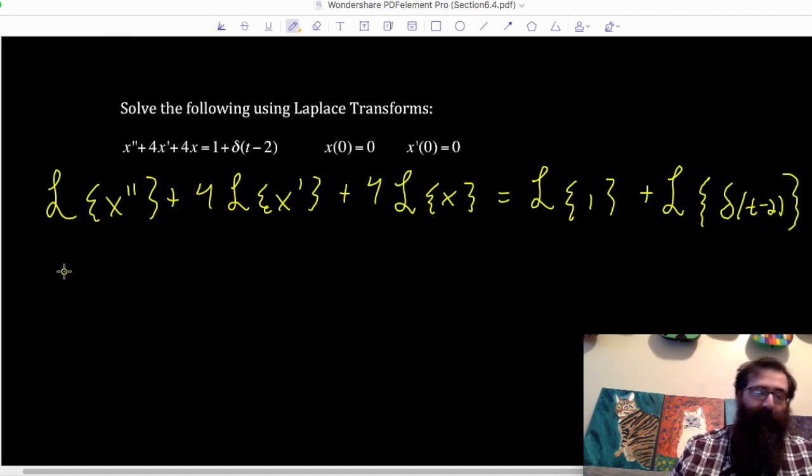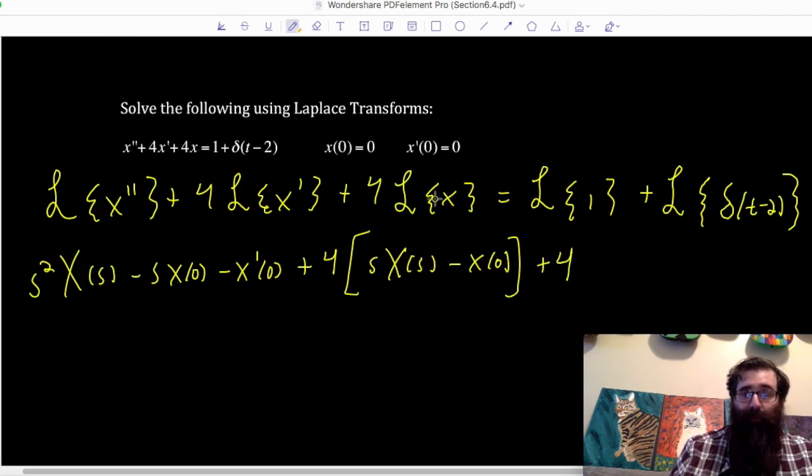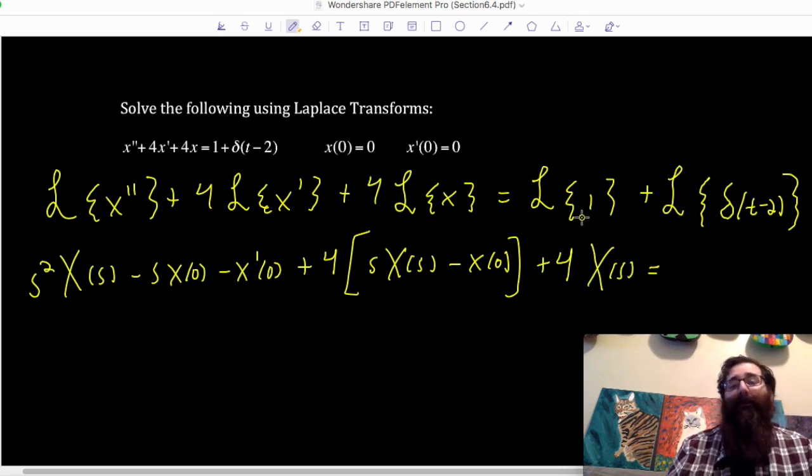So here the Laplace Transform of x double prime gives me s squared times capital X of s minus s times x of 0 minus x prime at 0, plus 4 times the Laplace Transform of x prime, that's s times capital X of s minus x of 0, plus 4 times the Laplace Transform of x gives me capital X of s, equals, and I'm at the other side.